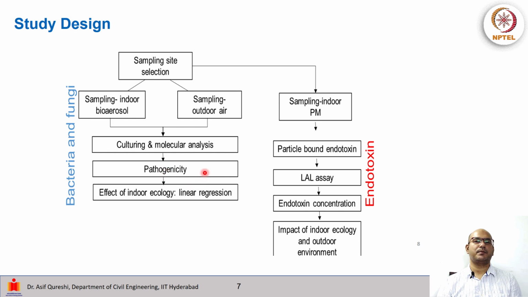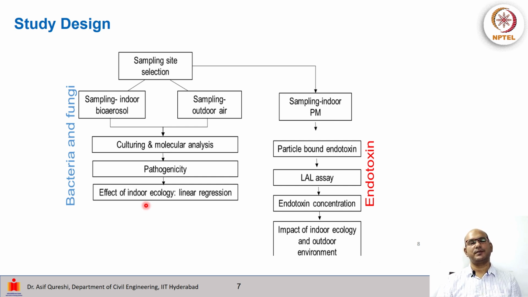An assessment of the pathogenicity would also be made, and the effects of indoor ecology, meaning what is the human occupancy condition inside the houses, what are the pets, what kind of things are being used for cooking, what is the temperature, what is the relative humidity.